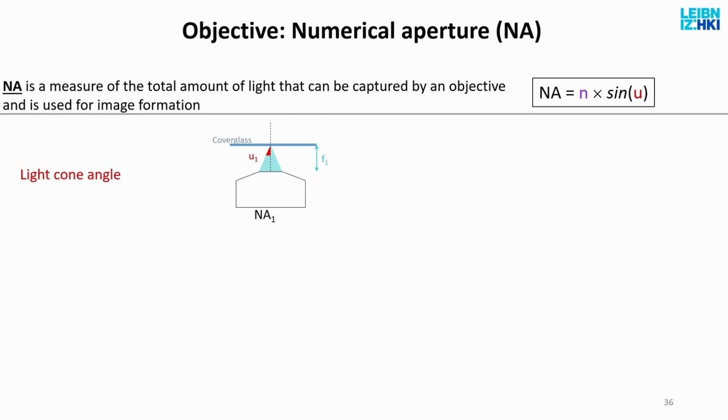Optimally, this would be 180 degrees to collect all the light that comes from the sample. But this also means that if I move closer, I get a larger angle, a larger numerical aperture, I get a better resolution. So the shorter my focal distance, the better.